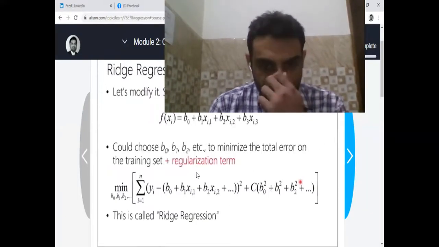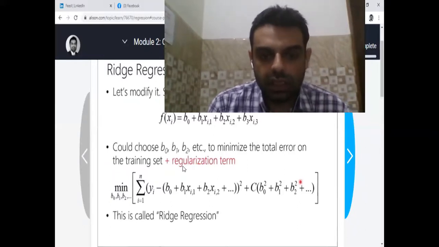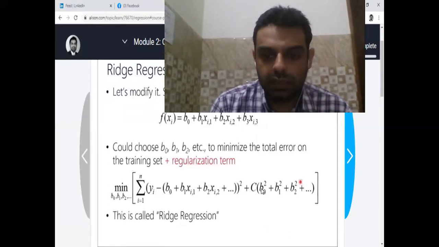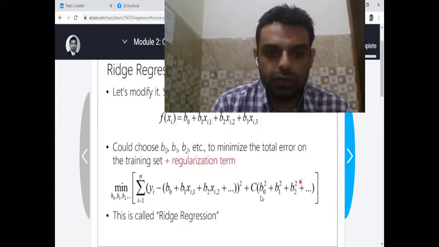In ridge regression, we basically introduce a regularization term. This is the regularization term: squared coefficients, with C the controlling term. This is what makes it ridge regression. We minimize this. In case of similar values, it chooses the coefficients which are minimum, that is close to 0.